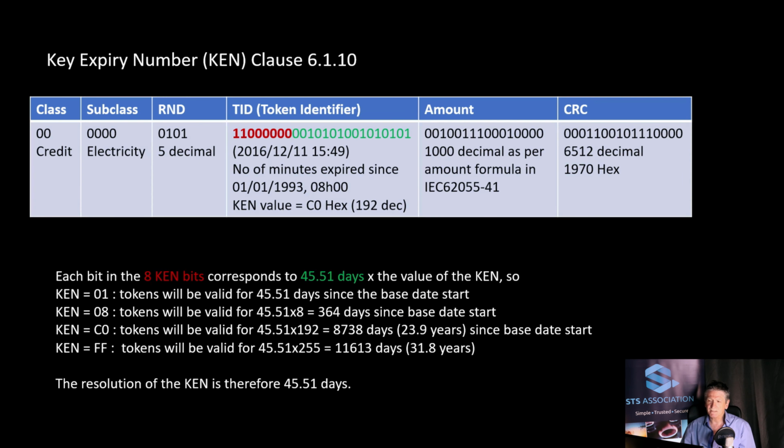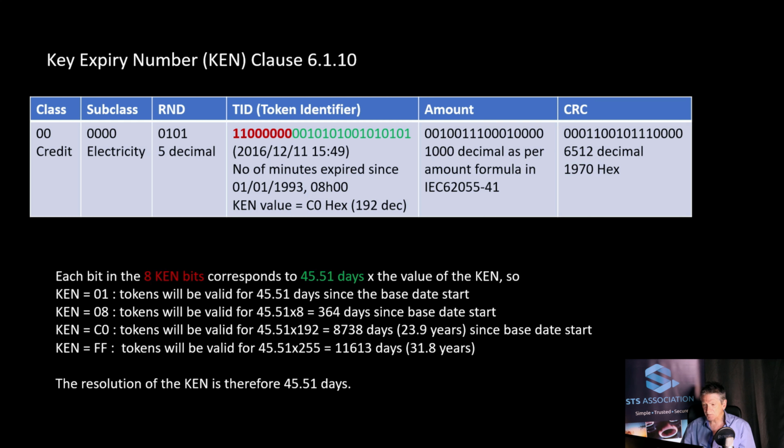Key expiry number, that's in clause 6.1.10. And if we look at the structure of a token, a typical class 0 token, which is a credit token, in this case it's subclass 0 as well, which is electricity. The random number can be anything from 0 to 15. In this case it's 0101, which is 5 decimal.